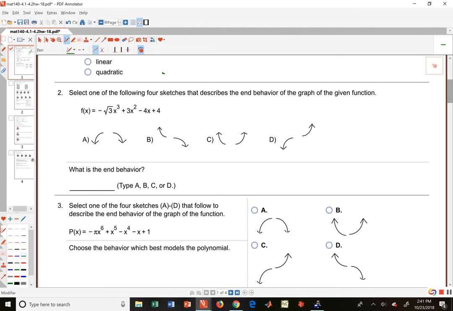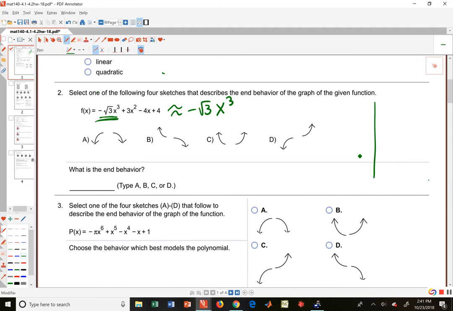So really right now we're talking about end behavior, overall degree, and the leading coefficient. Now this leading coefficient is negative this time, whereas this function behaves roughly like negative square root of 3 x cubed. All the other stuff has an impact, but it's more of a local impact.